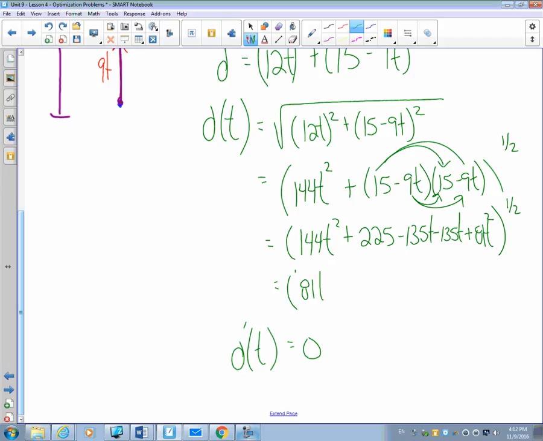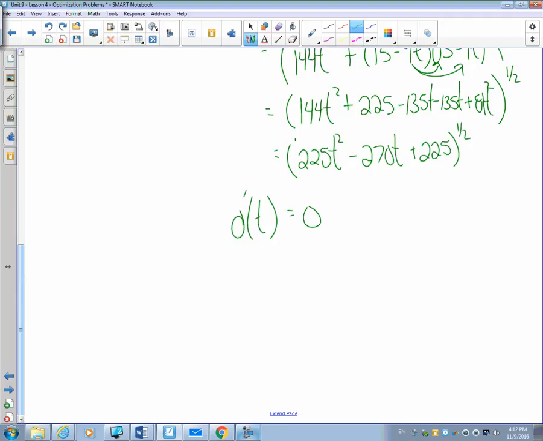We've got 81 plus 144, so we've got 225t squared, the 270t's, and the number 225, all to the 1/2. Okay, so we took the idea of Pythagoras, we simplified it, we collected some like terms. Now we've got a form that's going to make it easier to take our derivative.